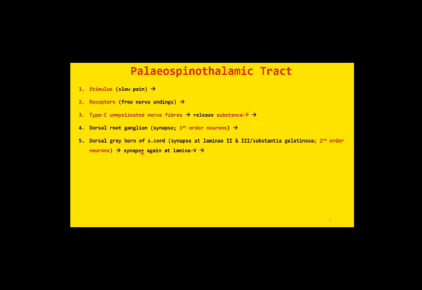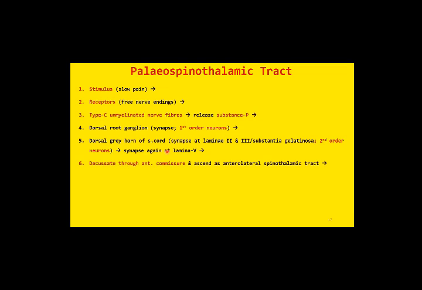Before ascending, they synapse for the second time within the dorsal gray horn of the spinal cord at lamina 5. So this is another feature of the paleospinothalamic tract: dual synapse inside the dorsal gray horn.